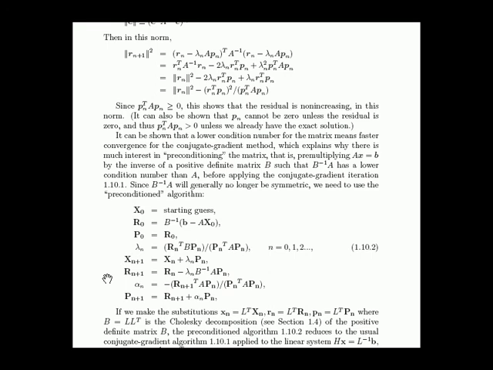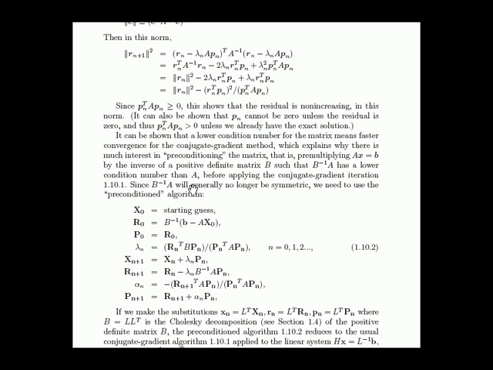But then it was shown that the speed of convergence, the number of iterations it requires to converge, depends very much on the condition number of A. We're talking about symmetric matrices, so the eigenvalues are real, and mostly positive definite matrices, so the eigenvalues are not only real, they're positive.